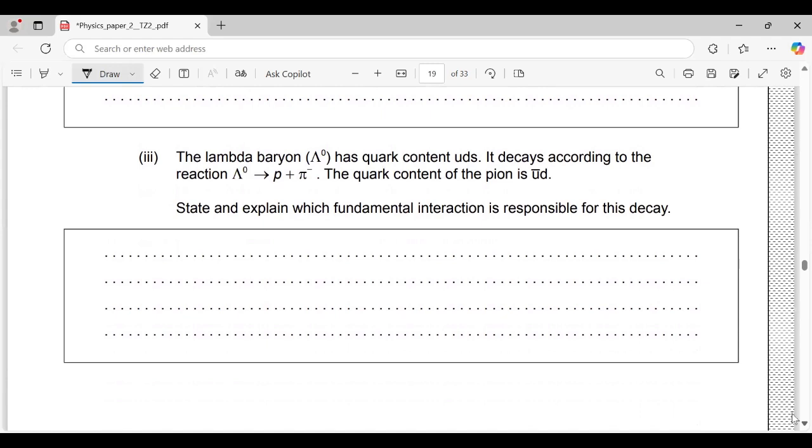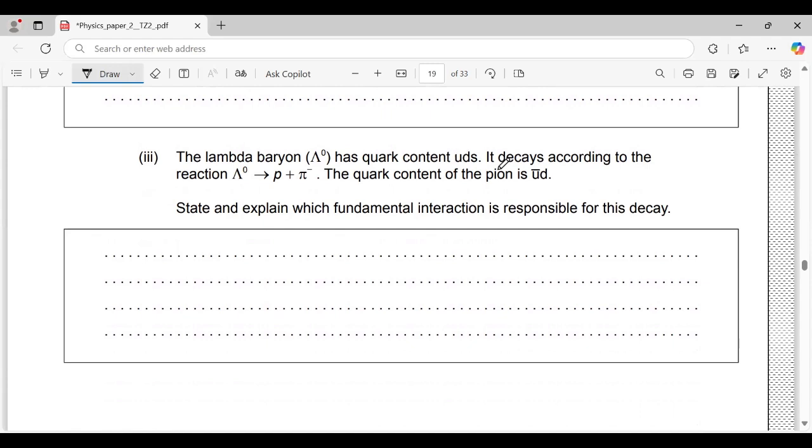Now this one. The lambda baryon has quark content UDS. U is up quark, so the lambda baryon contains one up quark, one down quark, and one strange quark.